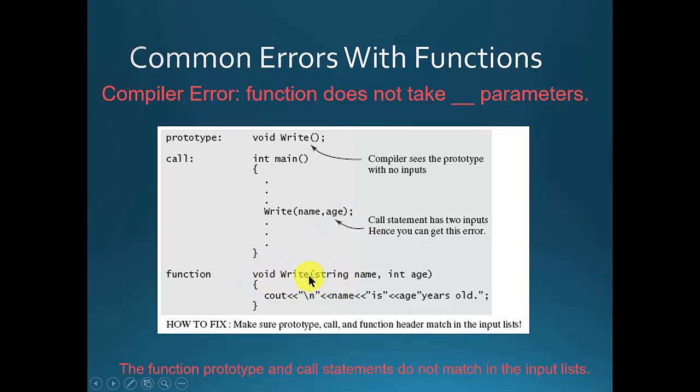And there's the function. But you notice that there's a mismatch between the function prototype and the actual function definition. This is why I recommend copying and pasting the header line of your function to the function prototype and never really editing the function prototype directly. And that will cause this parameter error.